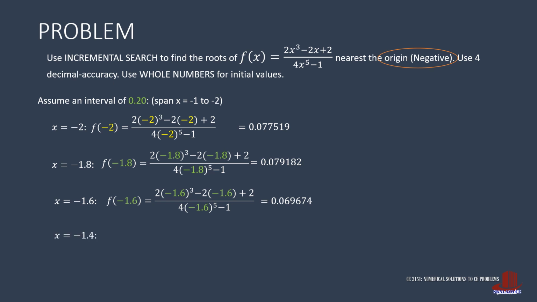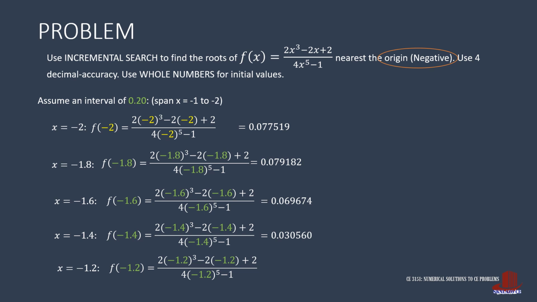Add to make x negative 1.4, so the function is 2 times negative 1.4 cubed minus 2 times negative 1.4 plus 2 all over the binomial of 4 times negative 1.4 raised to 5 minus 1, which gives positive 0.030560. Still a positive but near zero. Try the next interval and place it in the function.